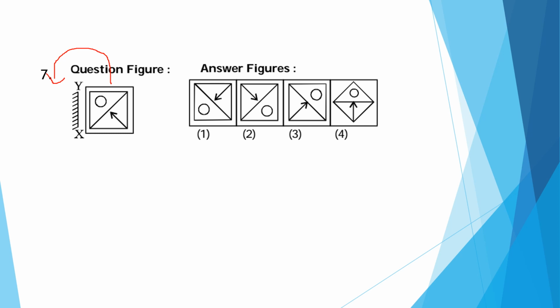In the question diagram, the circle is on the left side, so we expect the answer on the right side. Observe that the third option has it on the right side. The remaining ones all changed the diagram up and down, so those are wrong options. The diagram itself changed, so wrong. So the answer is third.